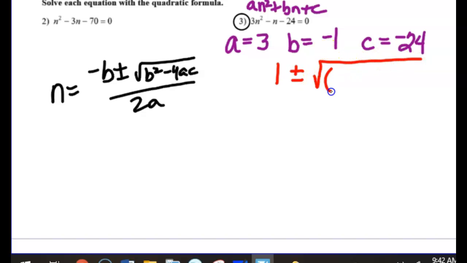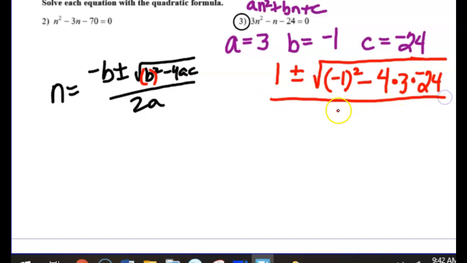In the parenthesis, it is -1 for the b squared, okay? Minus 4 that comes with the formula times a, which is 3, times c, which is -24. All over 2 times a.